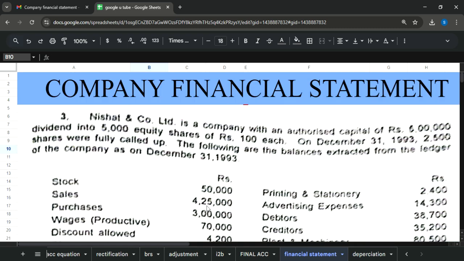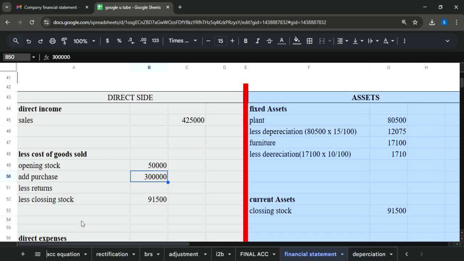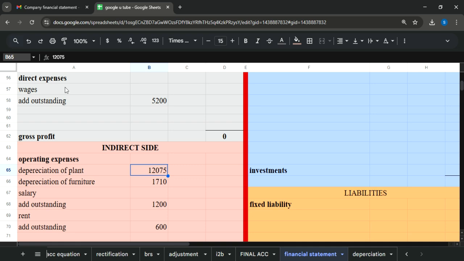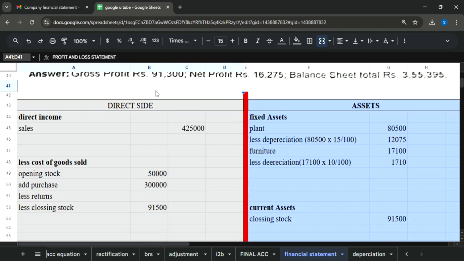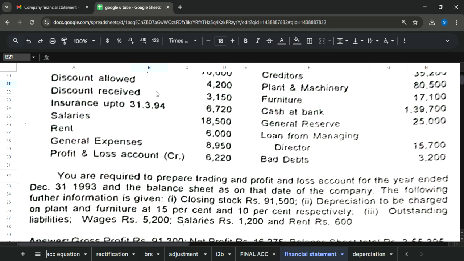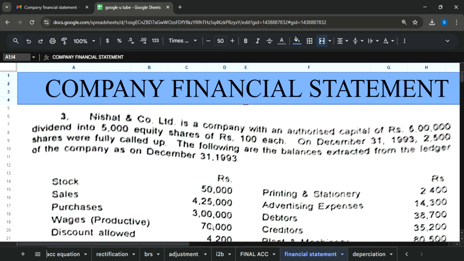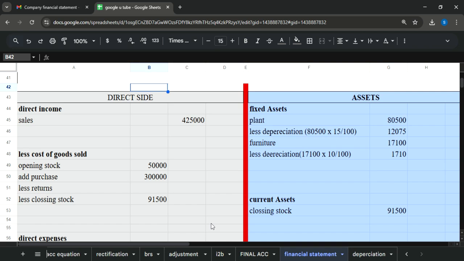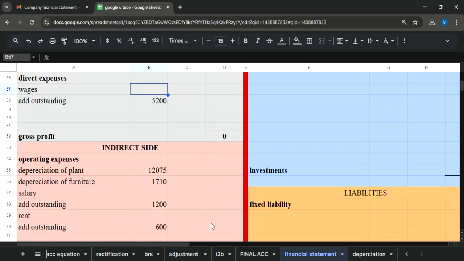After purchase we have wages. Its place is already fixed. You can see wages, direct side, amount of wages 70,000. So we will be posting 70,000 in front of wages.